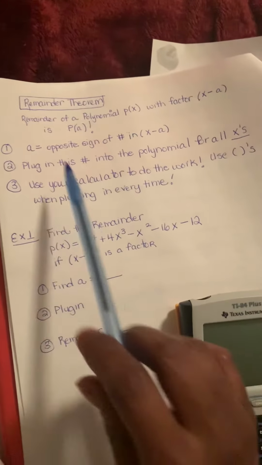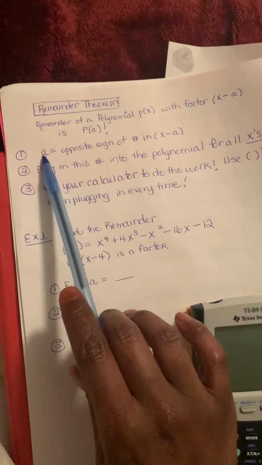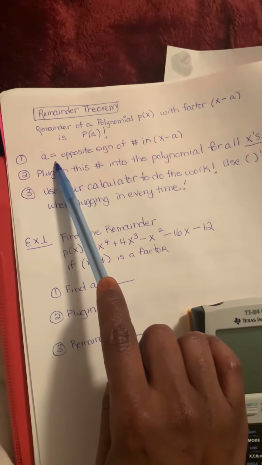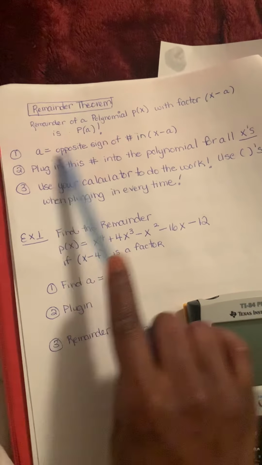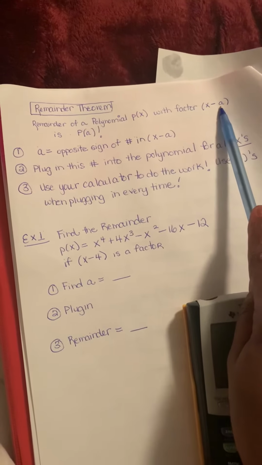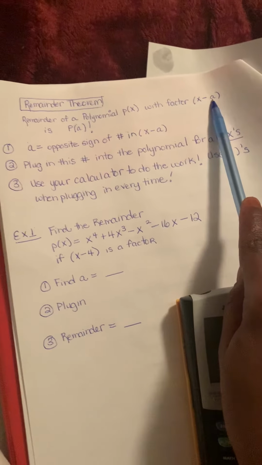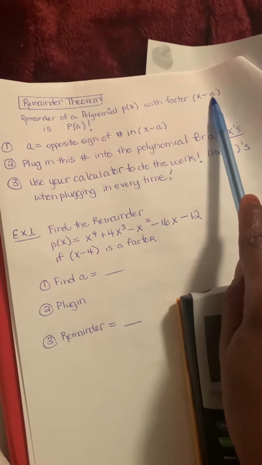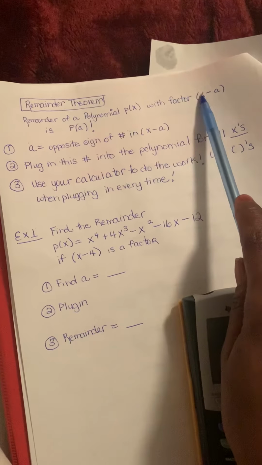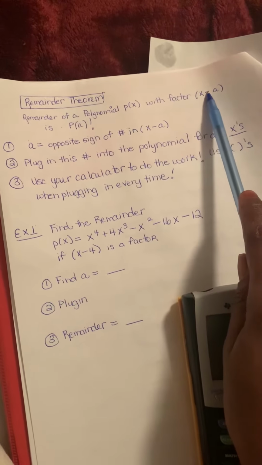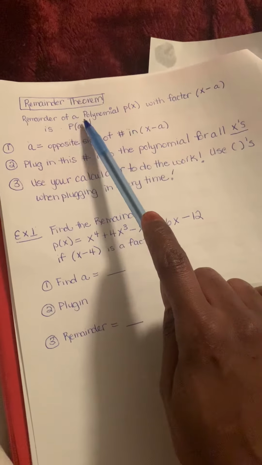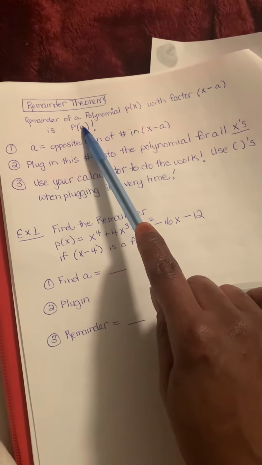All right? So I wrote out some steps. Step number 1, you're going to tell me what your a is. The number that you write for your a, which is this number here, is always the opposite of what you see in the parentheses. So in this example, notice that it was negative because it has a minus sign, but when I wrote it here, I wrote it as a positive.